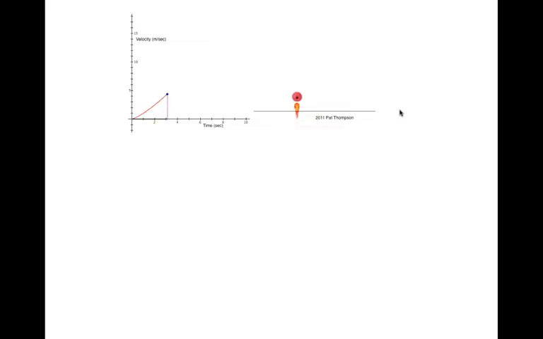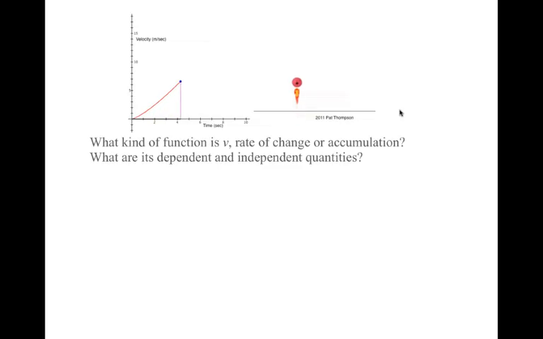We've got this, and on the left, I've got a graph, and it's velocity, meters per second, and time in seconds. What kind of function is V? Is it rate of change or accumulation? Velocity in meters per second will be rate of change, right? Rate of change of what? Basketball isn't a quantity. Basketball is a thing.